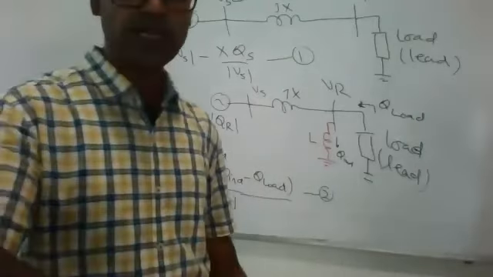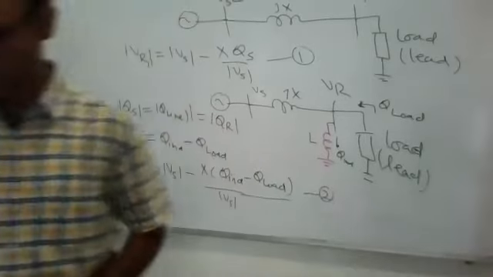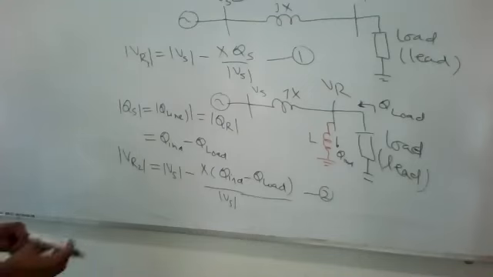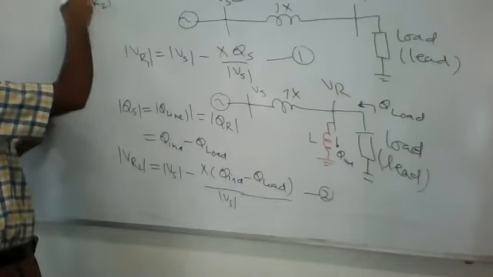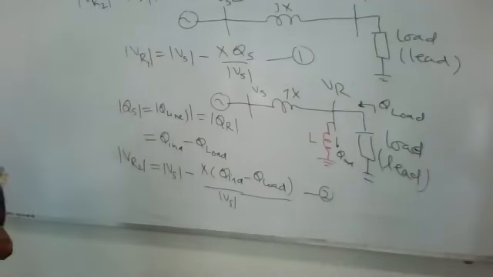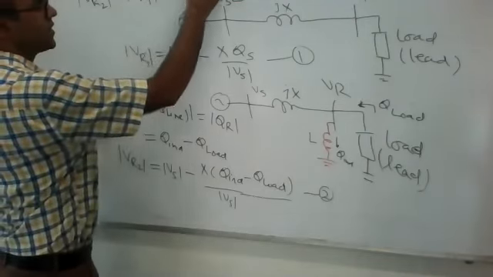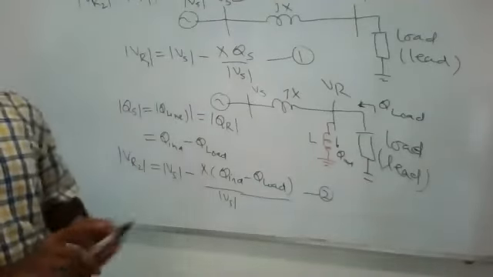Then you are getting one beautiful difference, and that is X Q inductor divided by Vs. After subtracting BR2 minus BR1, you are getting X Q inductor divided by Vs.